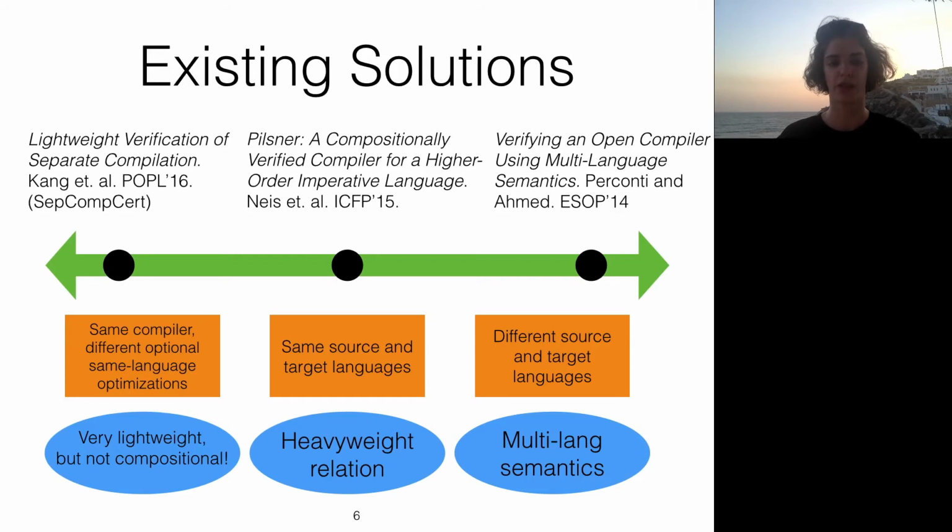Even further up the spectrum, we have verification using multi-language semantics that can be used to reason about linking of programs compiled from different languages. But this requires setting up a multi-language that embeds the source, target, and intermediate languages. We see that as we move across the spectrum, the proof techniques become more sophisticated and they require much more effort than standard techniques used in whole program compiler correctness.